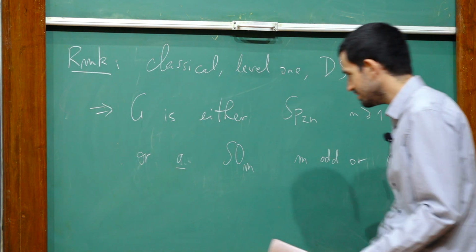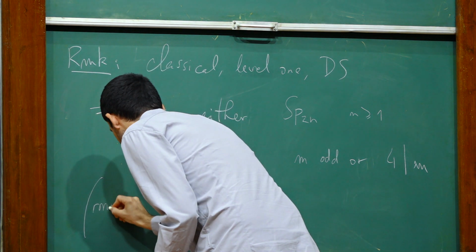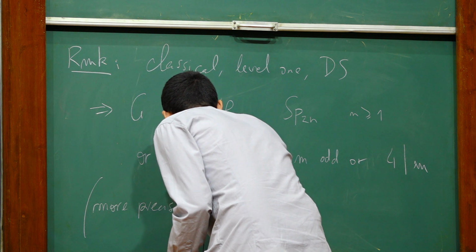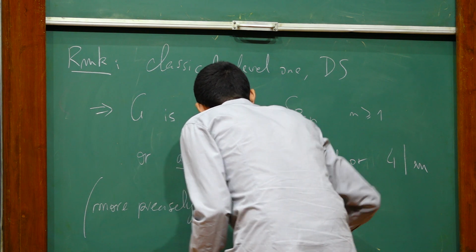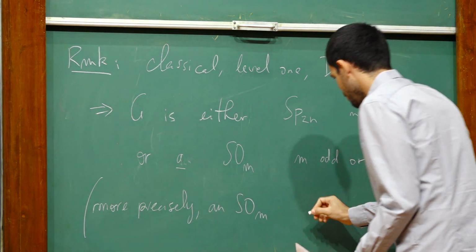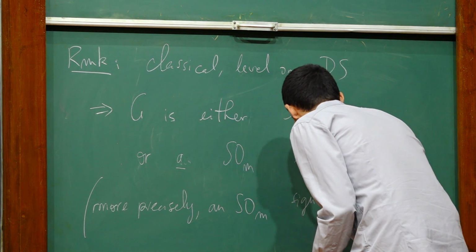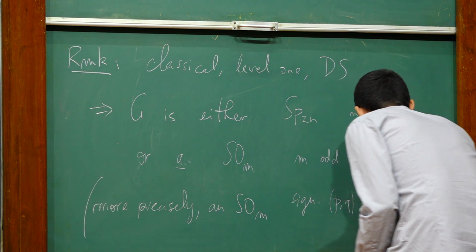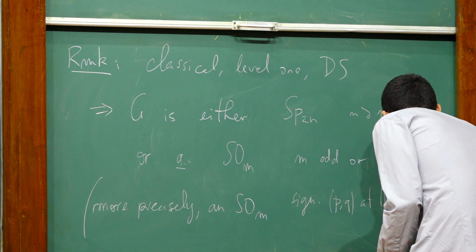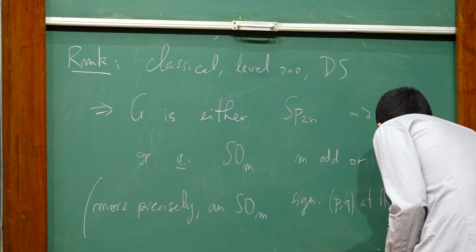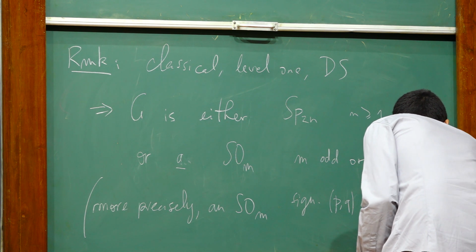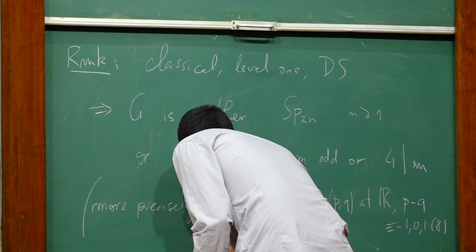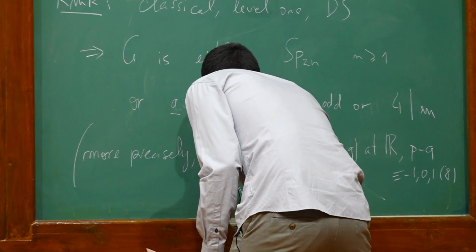And to be more precise, it's an SOm which has signature (p,q) at the real place with p minus q congruent to minus 1, 0, 1 mod 8, and which is split.